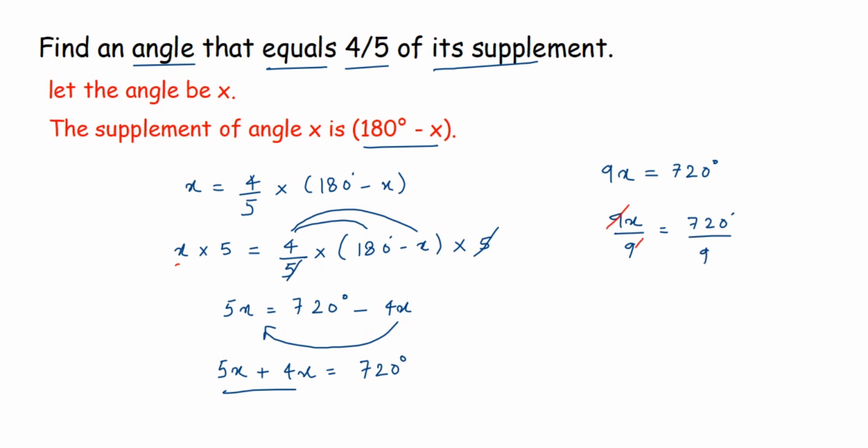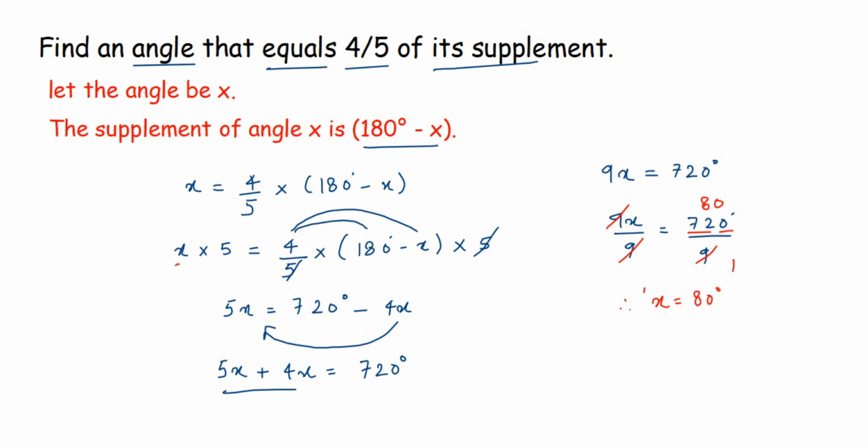On the right side, you can divide it or use the cancellation method. 72 is divisible by 9: 9 times 8 is 72. And here we have 0, 9 times 0 is 0. So we get 80. Therefore, x equals 80 degrees.